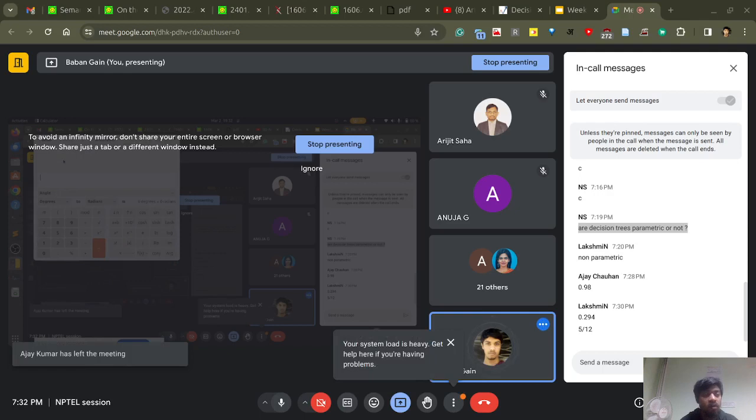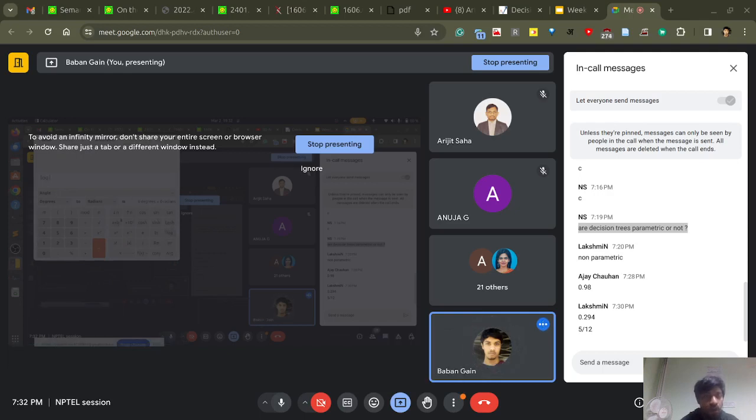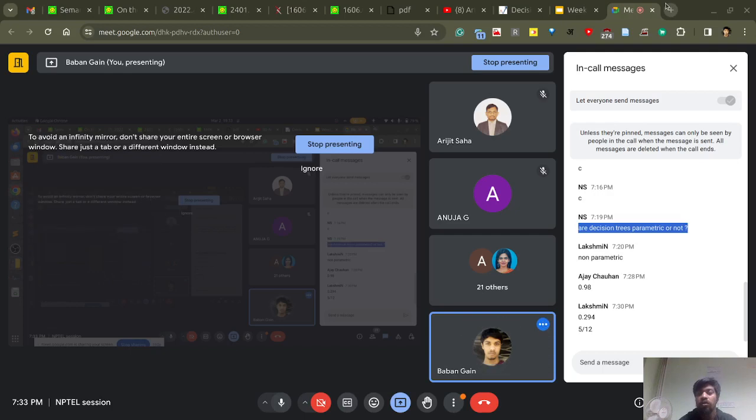Then log base 2, so you have to find base 2. Let me just search it.